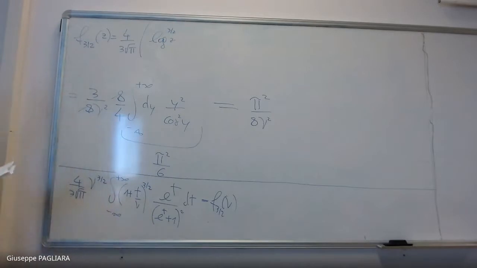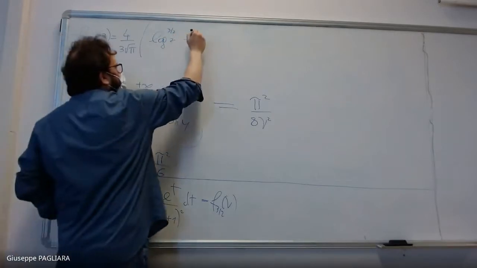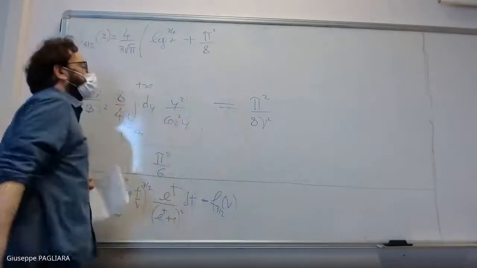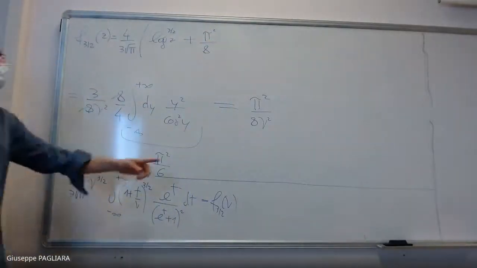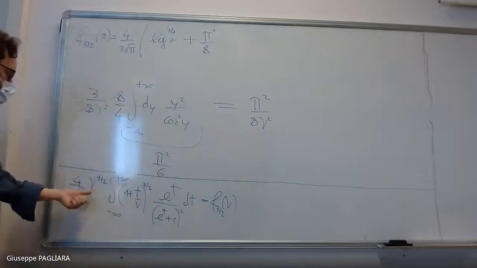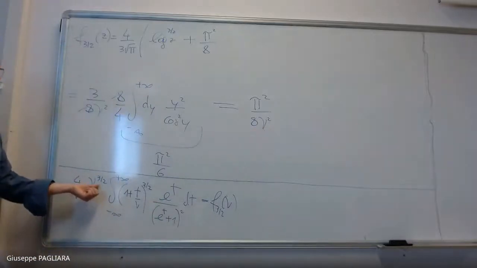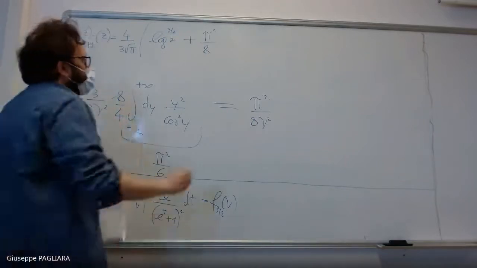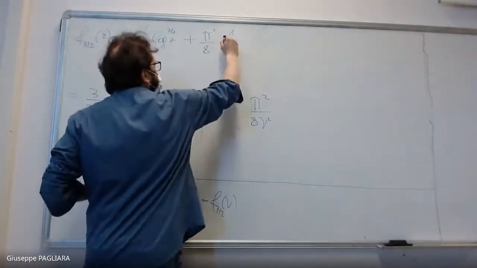Plus pi squared divided by 8. Here I have 1 divided by nu squared, and here I have nu to the power of 3 alpha. 2 minus 3 alpha is 1 alpha, and therefore I have a square root of log at the denominator.